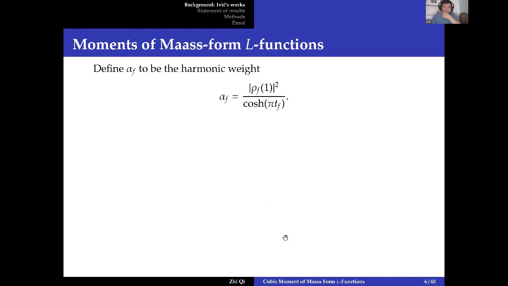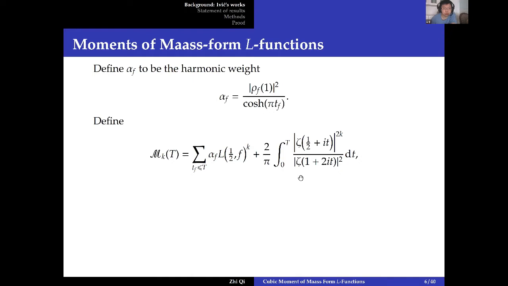Now let's talk about what we're going to study. First of all, let's introduce the so-called harmonic weights, and this doesn't really matter. You can consider it as 1 because it's just between some epsilon powers of TF, so you can usually pretend it to be 1.